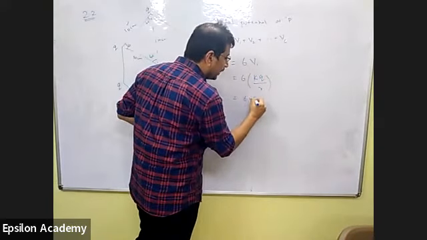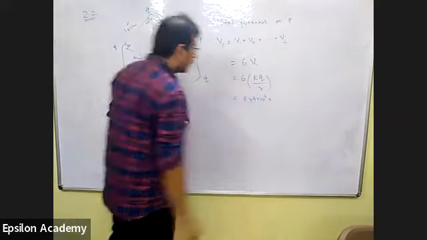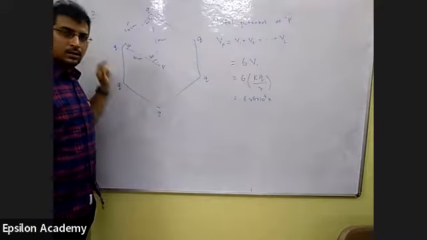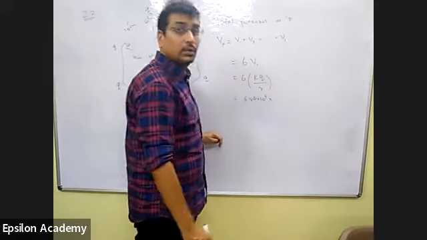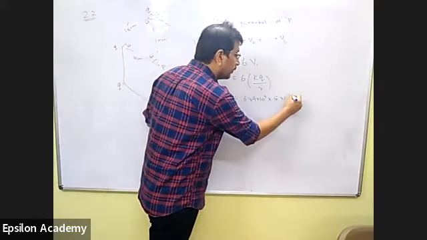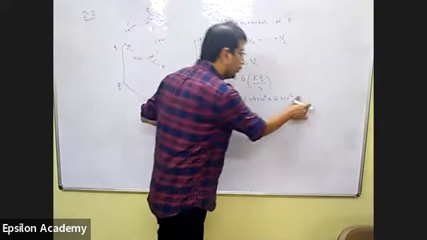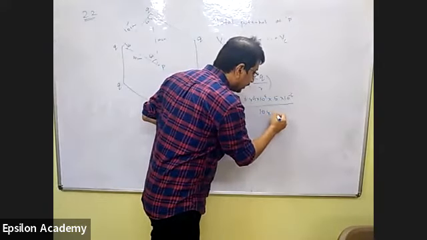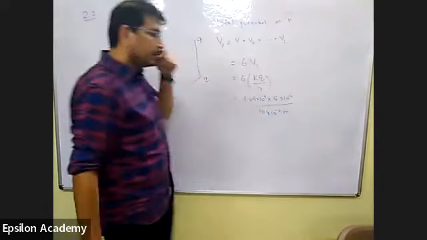So 6 into 9 into 10 power 9 into what is the value of Q? Value given. How much is it? 5 micro. So 5 into 10 power minus 6 divided by what is the distance now? 10 centimeters. So 10 into 10 power minus 2 meter.